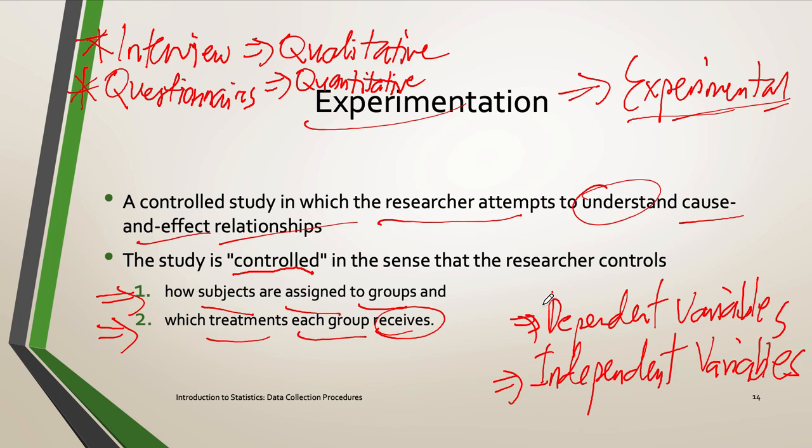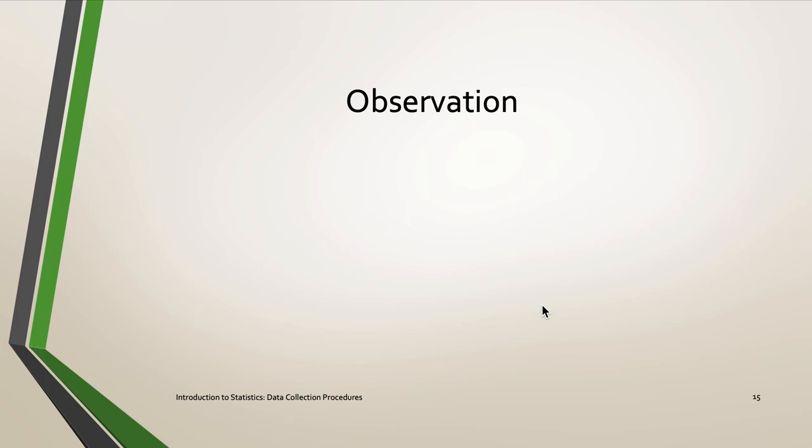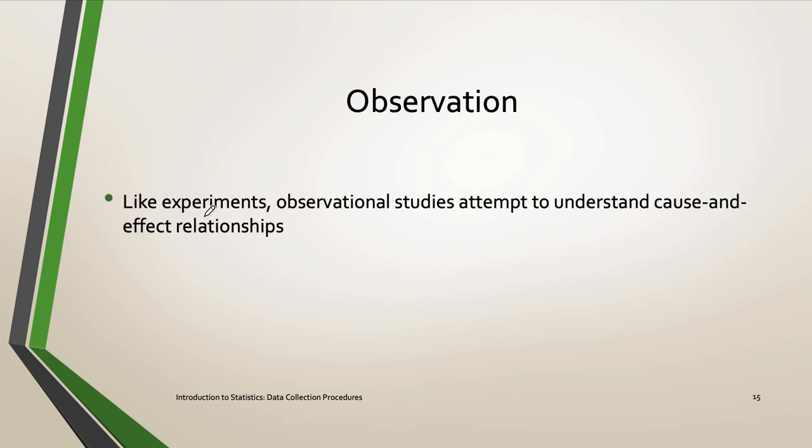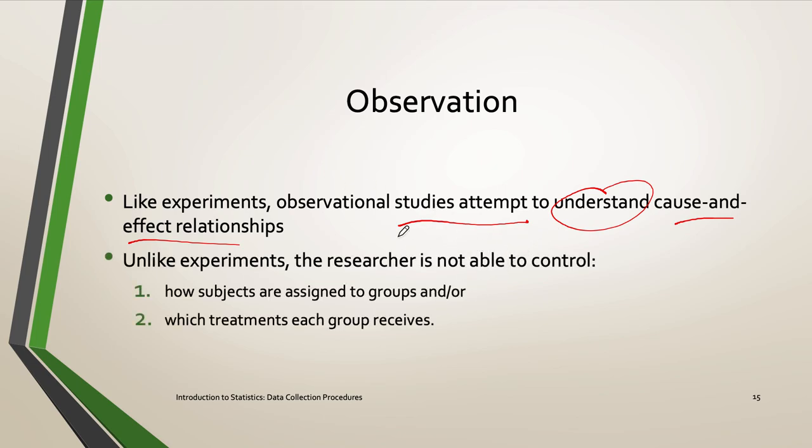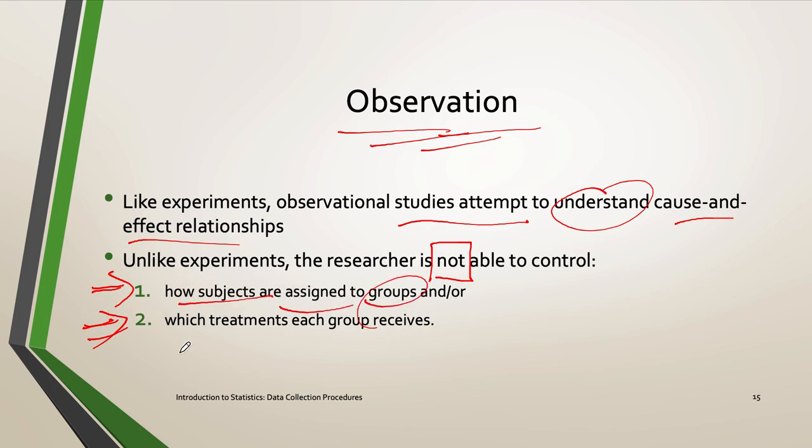Let's proceed now to the last, that is observation. Observation is pretty much the same as experimentation, because it also attempts to understand cause and effect relationships. Only that, unlike experimentation, if you use observation as your data collection procedure, you are not able to control how subjects are assigned to groups and what treatments will be used in those groups, because we're only observing.